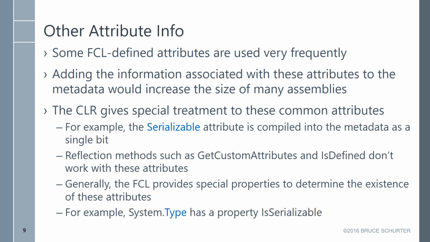So that is one of the few attributes that actually behaves differently than typical attributes. So if you were to try to use getCustomAttributes for the serializable attribute, it will not work. Okay, because again, it is handled differently because it is a special type of attribute.